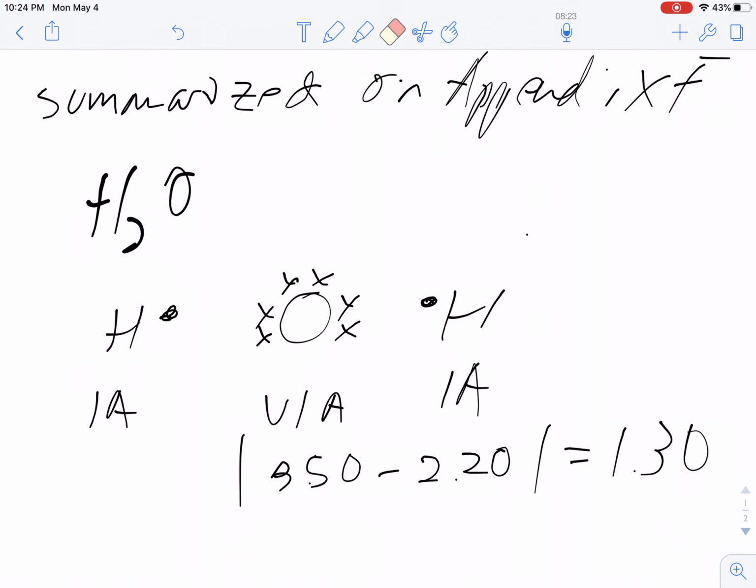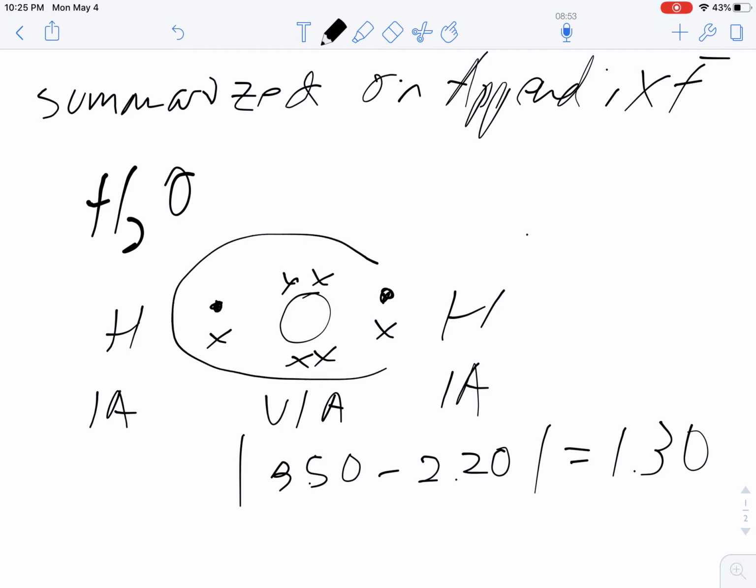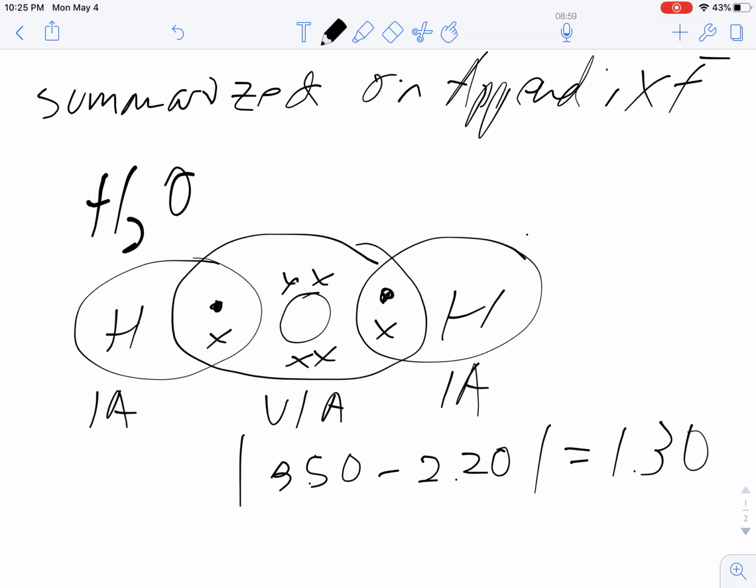I'm going to move these 2 electrons down here, and my hydrogens are going to move 1 electron each to here and here. Then I draw a circle around to show that there are now 8 around my oxygen, and 2 around my hydrogens.